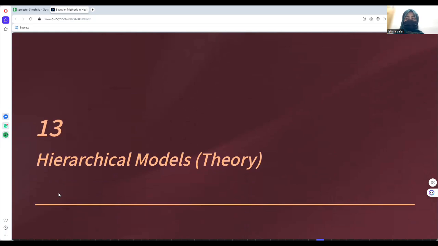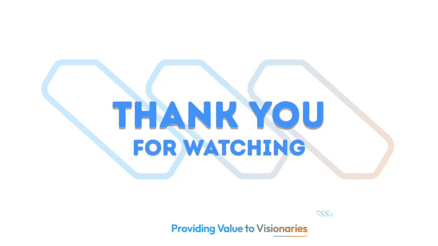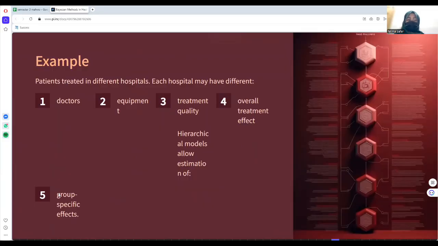Now let me explain hierarchical models. Health research often involves group data, for example patients treated in different hospitals.